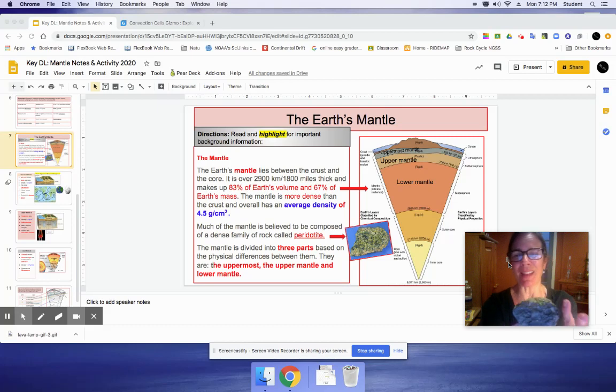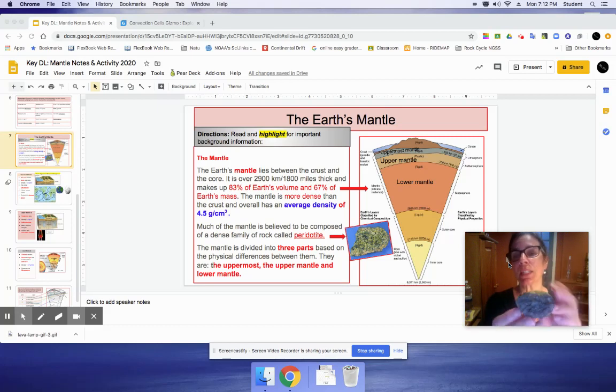Now, how do we get these mantle rocks? We've never drilled to the mantle. We've only touched the surface of the crust as we're drilling. These type of rocks actually come up from the mantle through volcanic eruptions or volcanic intrusions, sometimes they're called.